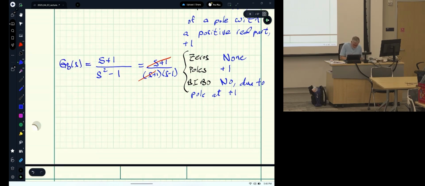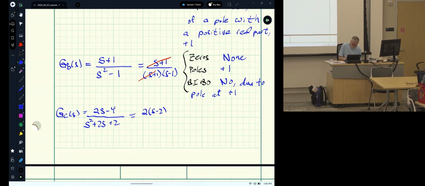Whoops. G sub c of s, 2s minus 4 over s squared plus 2s plus 2. Now, pretend that you're doing this with Julia, okay?